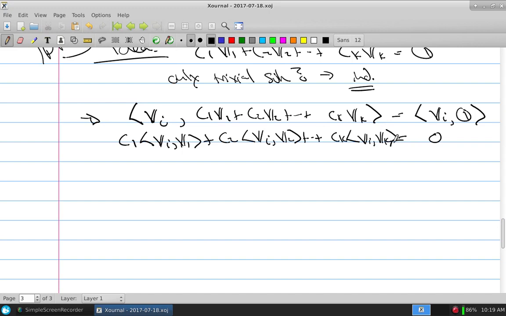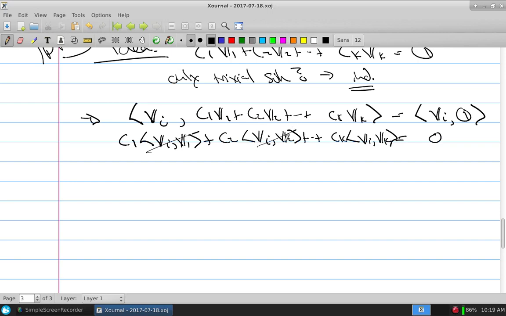What do I know about all these vectors? They're orthogonal. So what are their inner products? 0, except when it is what? Literally, I picked one of my vectors here. So if i is not 1, it's 0. If i is not 2, it's 0.